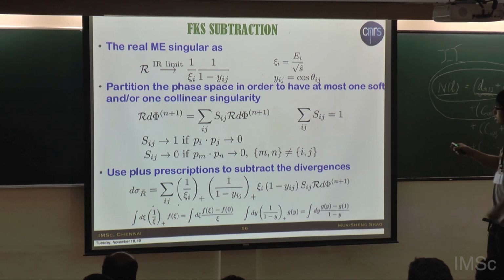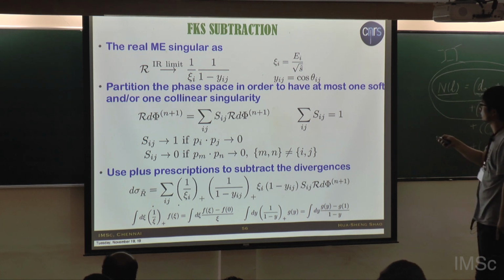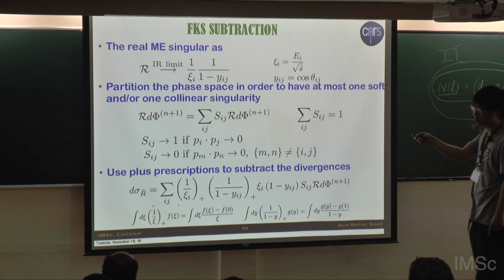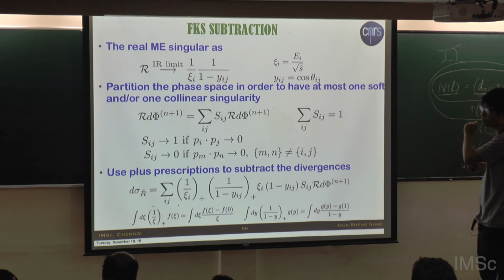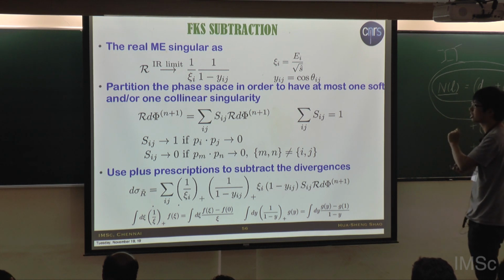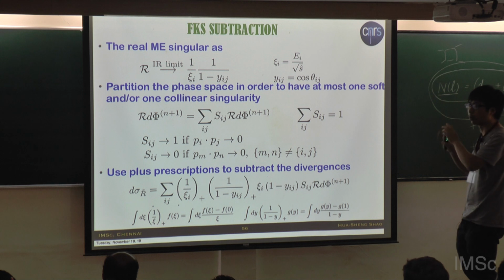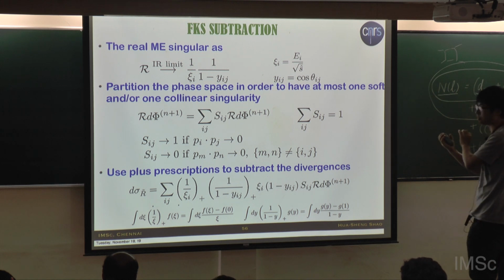And y_ij is the cosine of the angle between two partons. If the angle theta_ij goes to 0, that means y_ij goes to 1. It also gives you a singularity, right? So the main idea is you need a partition of the phase space so that each part of the phase space has at most one soft and one collinear singularity, because you want to avoid overlapping singularities.